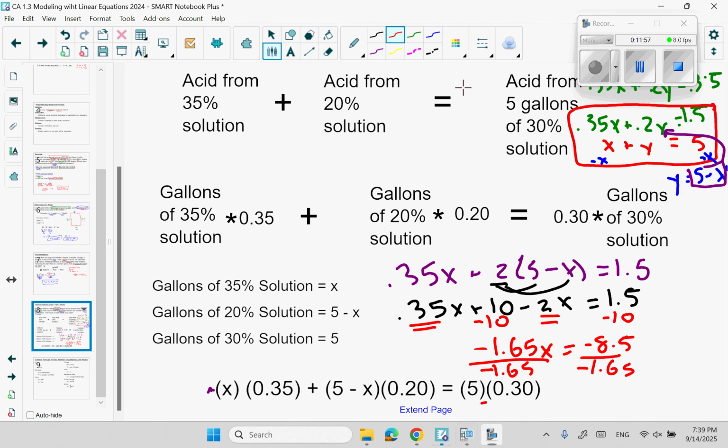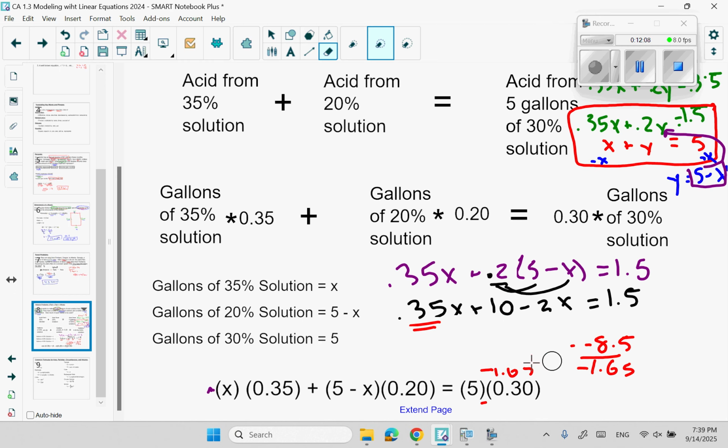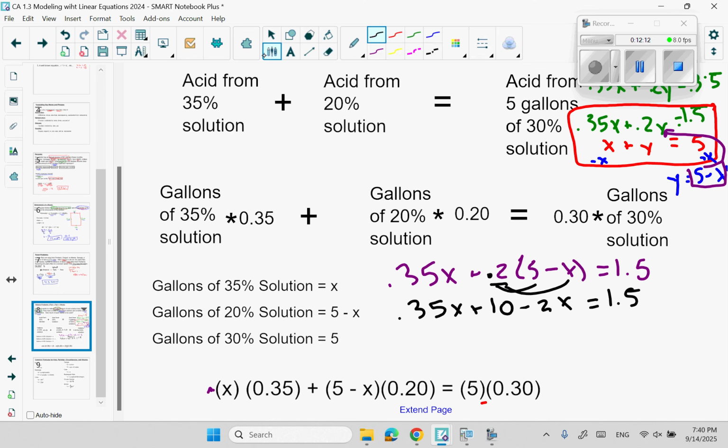Oh, it's not 2 right here. It's 0.2 from earlier. I apologize. So this is actually, I'm just going to erase this all in red. I apologize. So that would be not 10, but 1. And this is 0.2x.